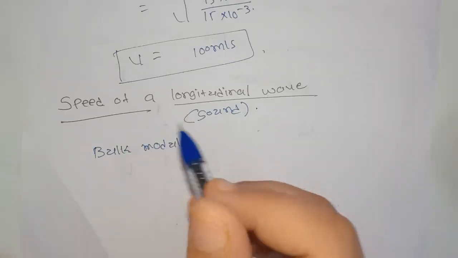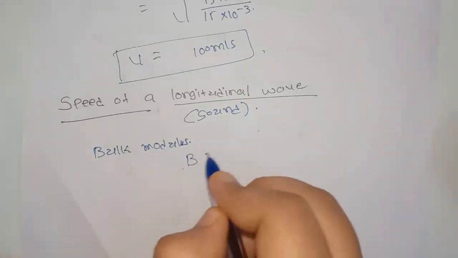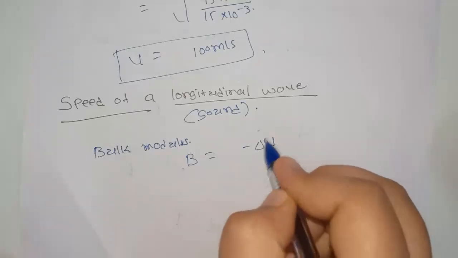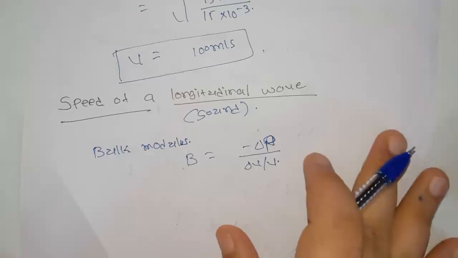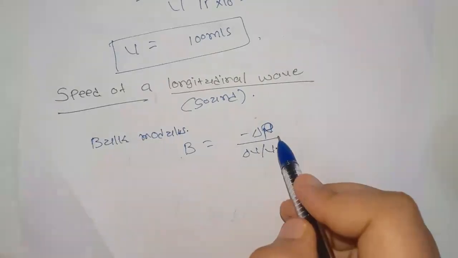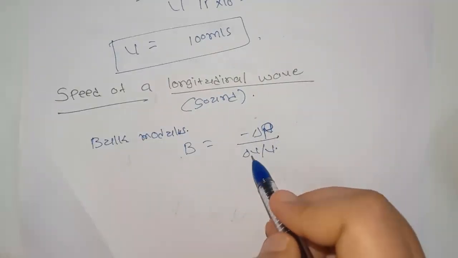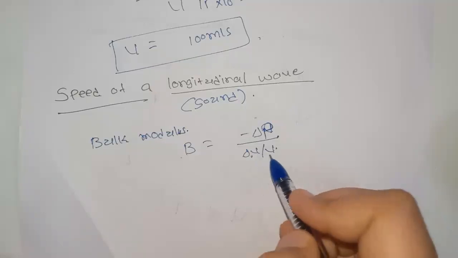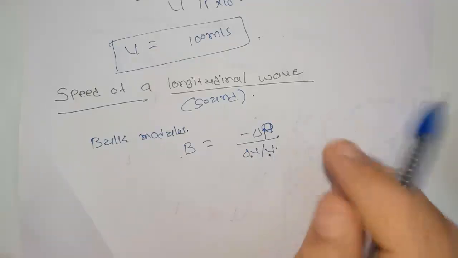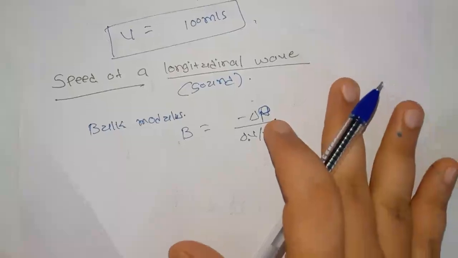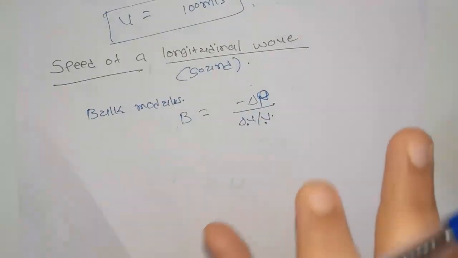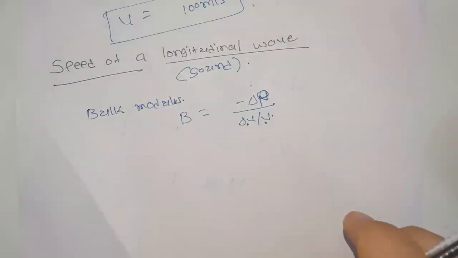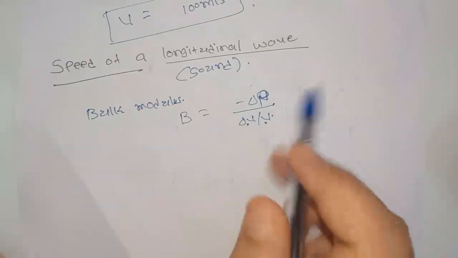So we can consider the bulk modulus B as minus of delta P divided by delta V by V. Here delta P is change in pressure, delta V is change in volume, and V is initial volume. Further, the inertial property relevant for the propagation of these waves is the mass density of that medium.